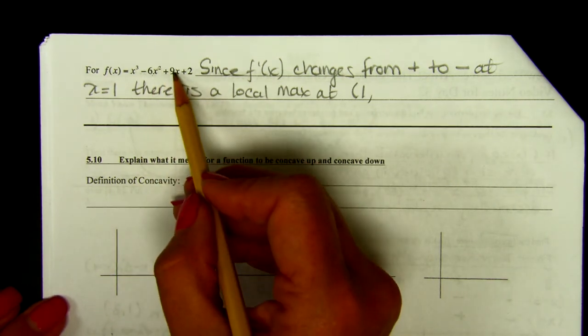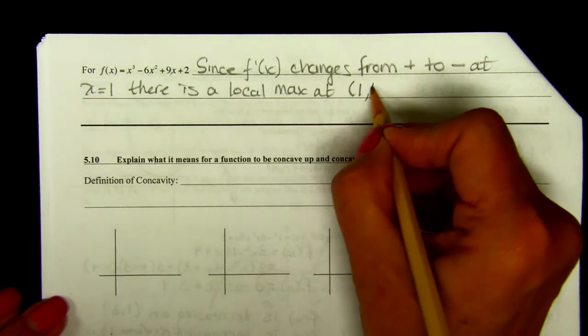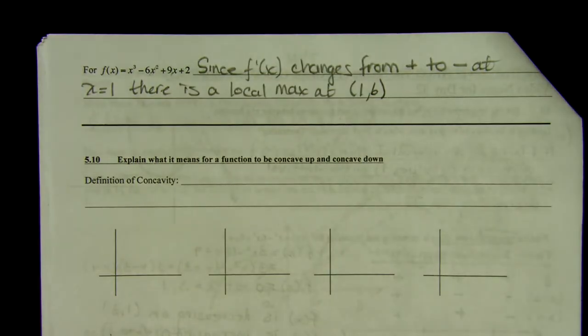Negative 5 plus 9 is 4, plus 2 is 6. So that is our local maximum.